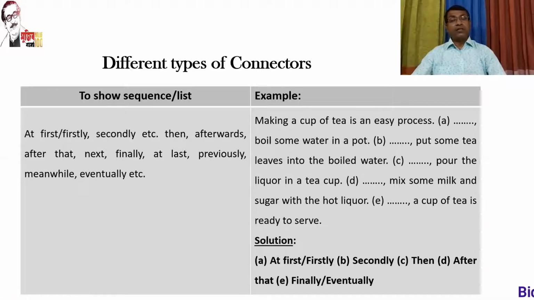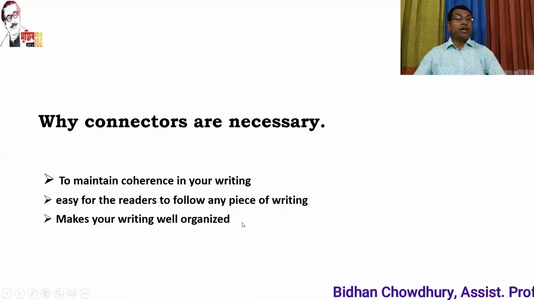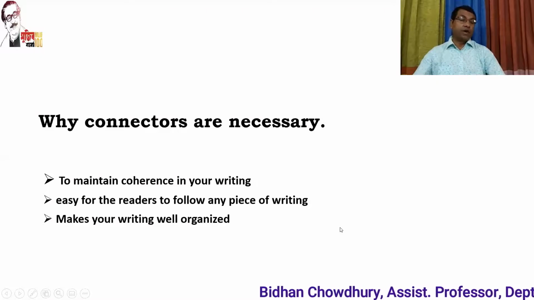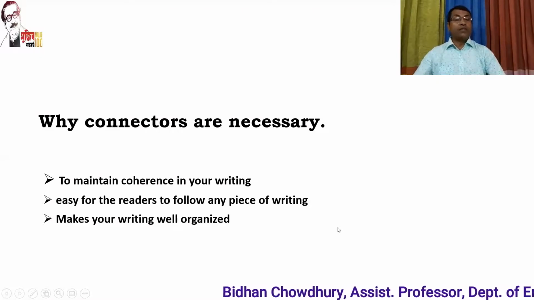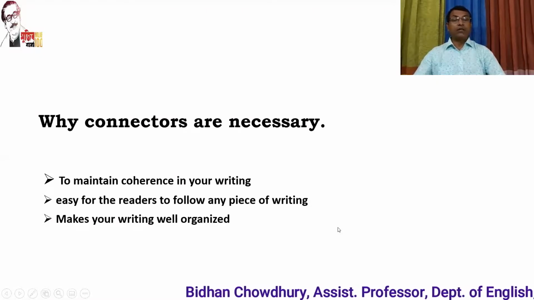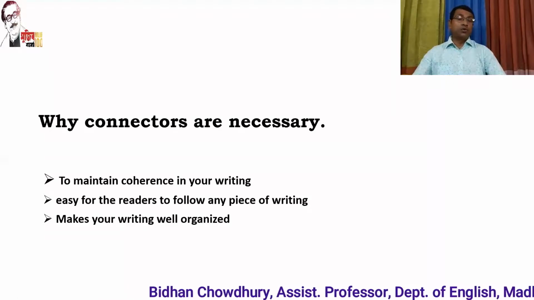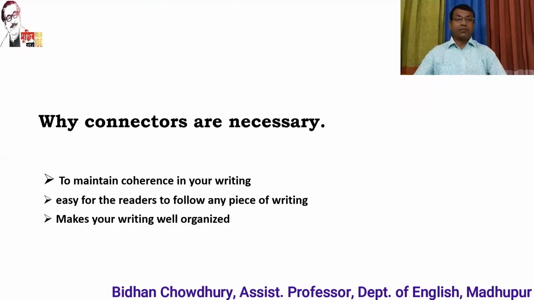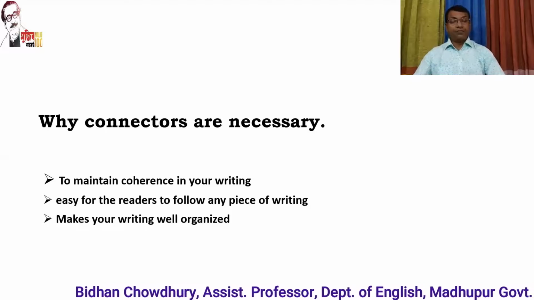So, my dear students, this is how we should describe a sequence by using such type of connectors. Now, about a kind of fluency, eloquence, and spontaneity in your writing, that is why connectors are very essential. So, my dear students, you should be very attentive to this class.